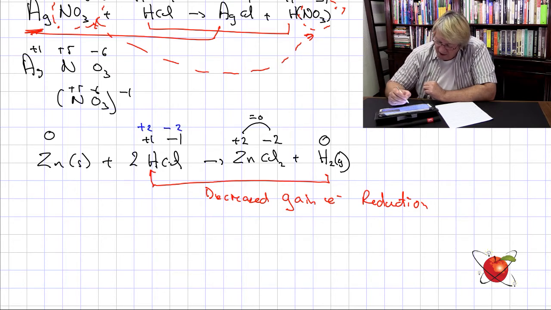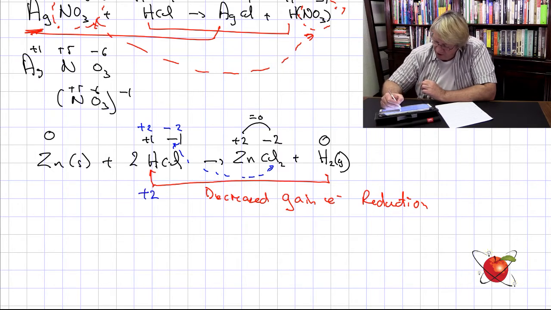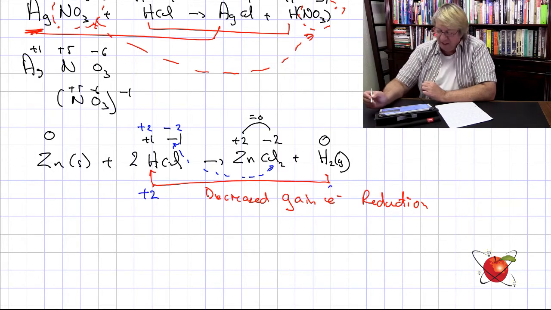Now you can see that the chlorine didn't change its oxidation number. The hydrogen went from +2 to 0, so it decreased by 2. So it got 2 electrons, didn't it? It's the only way it could have gone down.